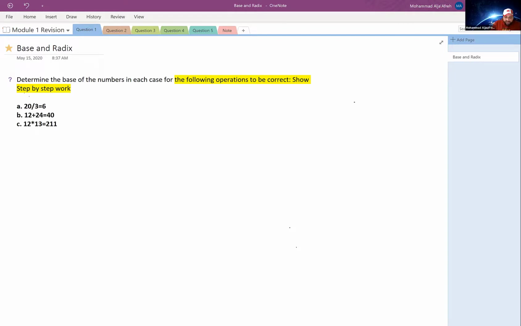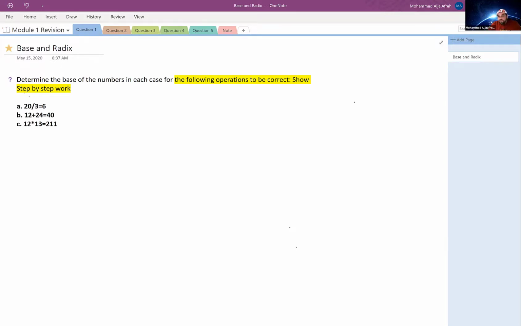Now, 20 over 3 equals 6. Does that make any sense to you? The answer is absolutely not, because 20 over 3 is not equal to 6 in the decimal system, the numerical system we have learned all our life.